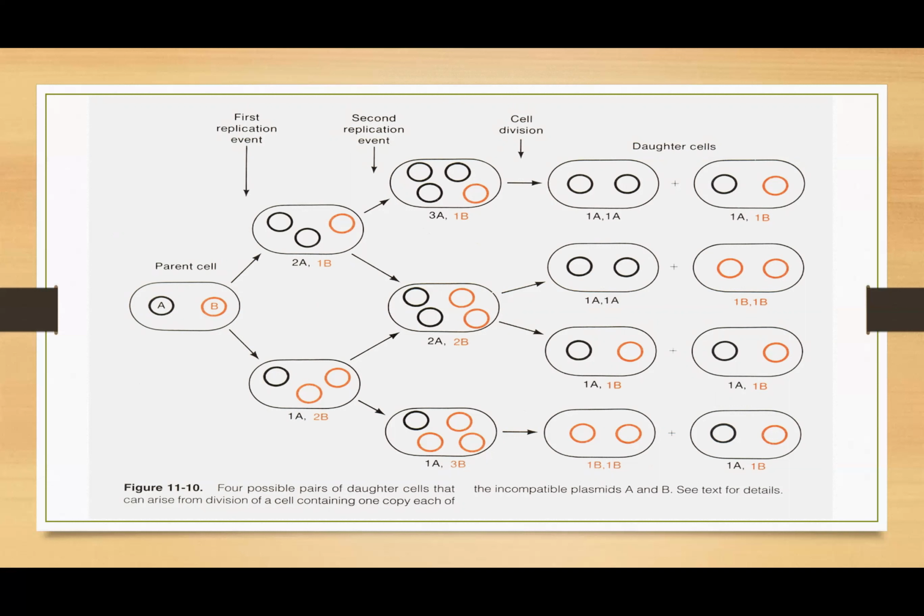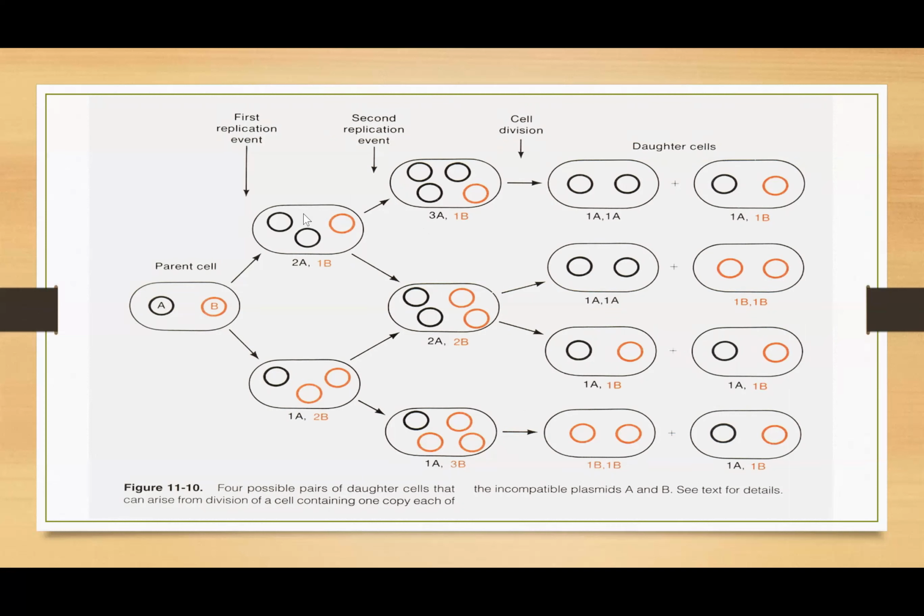When the cell is preparing itself to divide, it starts growing in size. As I mentioned to you, the first preparation of the cell is an increase in size. When the size increases, the repressor concentration goes down.